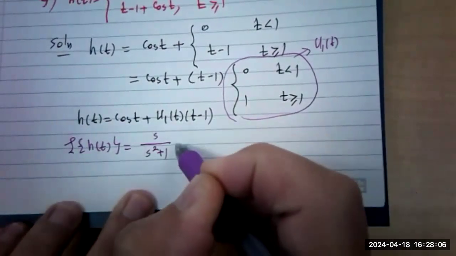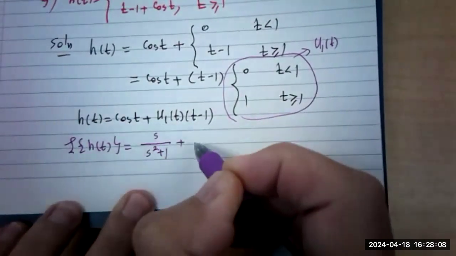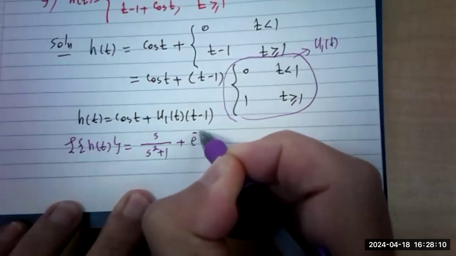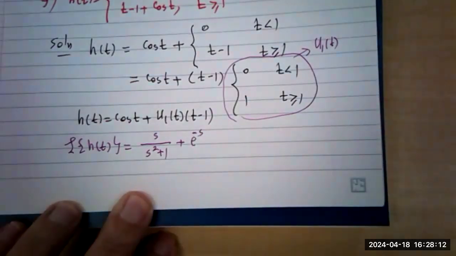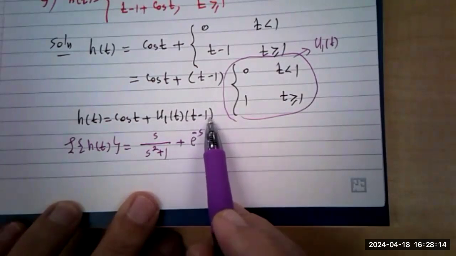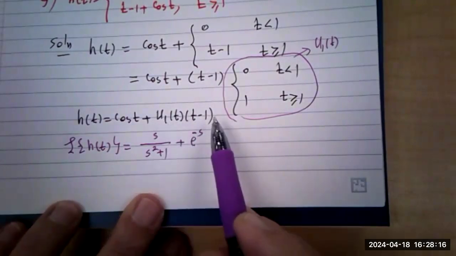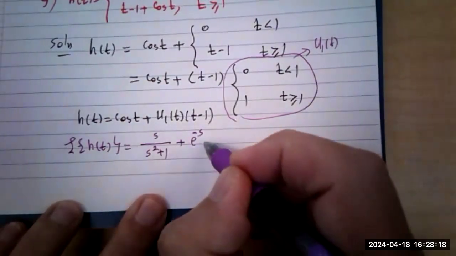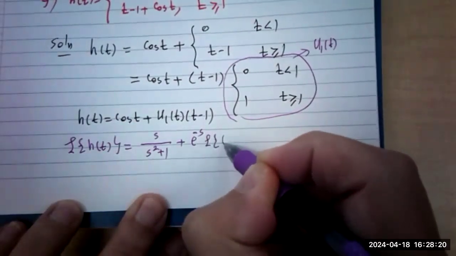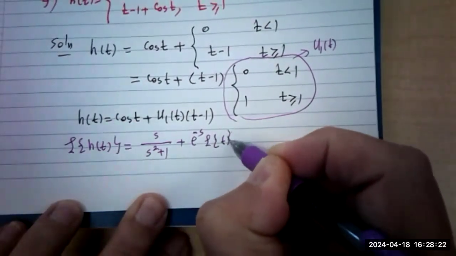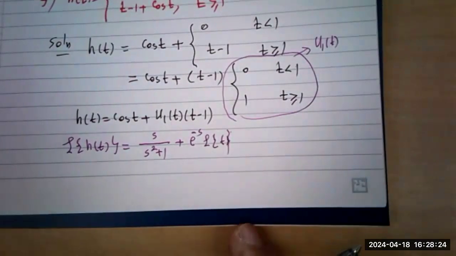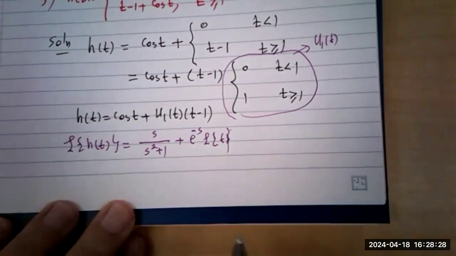The Laplace of the second one, plus, because of the u1, you get e to the negative s times the Laplace of the function, but this is the shifting one, t minus 1. You got a t, so it's going to be the Laplace of the t. So we have to find the Laplace of the t.